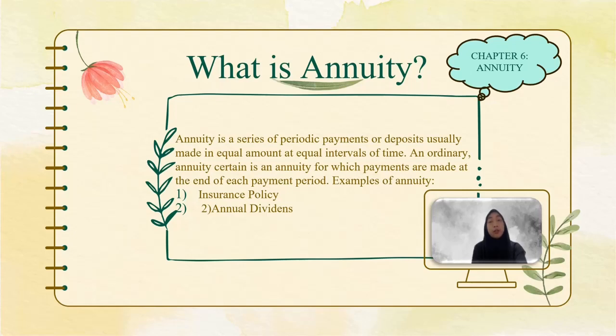Before we start, I would like to revise annuity, which is in our chapter 6. What is annuity? Annuity is a series of periodic payments or deposits usually made in equal amounts at equal intervals of time. An ordinary annuity certain is an annuity for which payments are made at the end of each payment period.